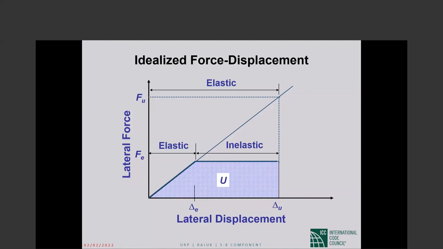Now, if I were to turn around and tell you that we are required to design this particular structure to respond elastically to this particular earthquake, the immediate conclusion would be that we must build a strength into our structure equal to F sub u, the maximum force that had been induced in the structure by the earthquake.